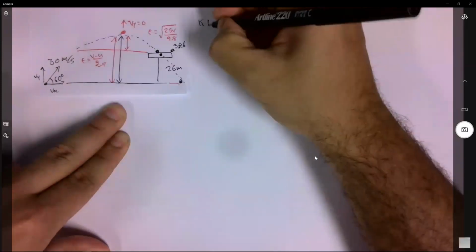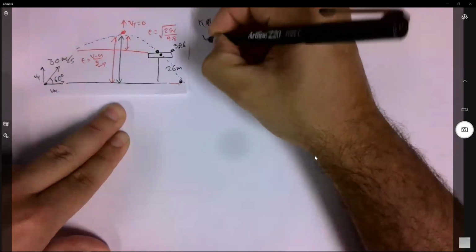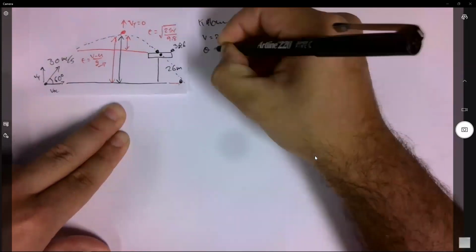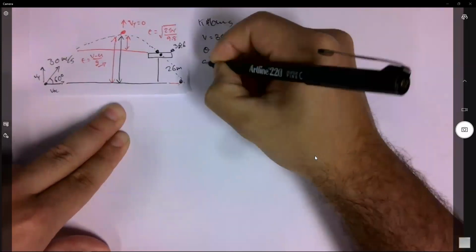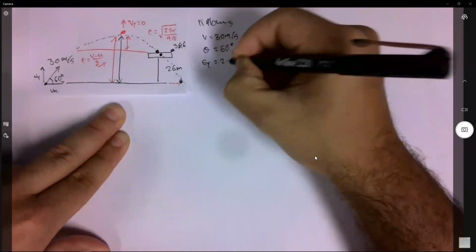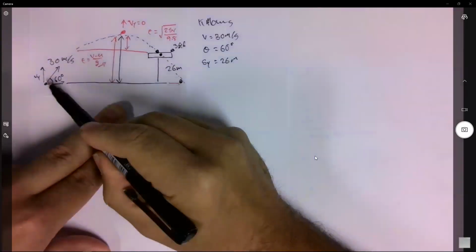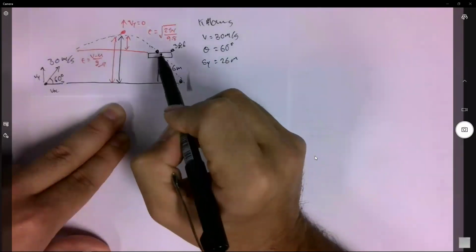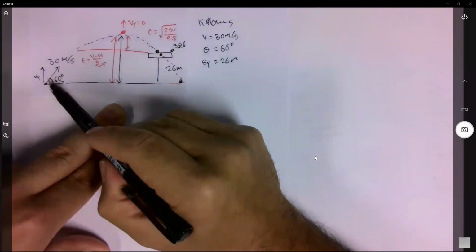Okay, so let's write down our notes. 30 meters per second, angle is 60 degrees, height is 26 meters. And guys, just remember, we're analyzing the problems from the ground to the higher platform. The same principle applies from the higher platform back to the ground.